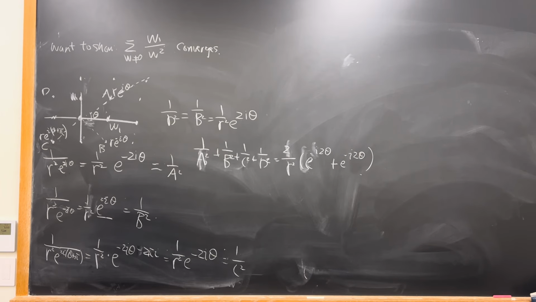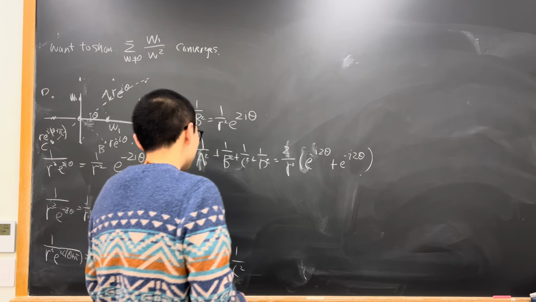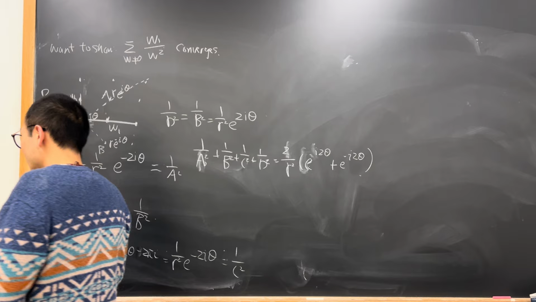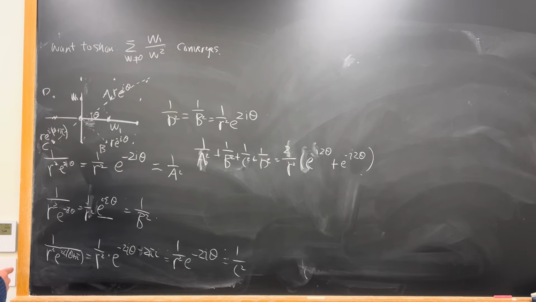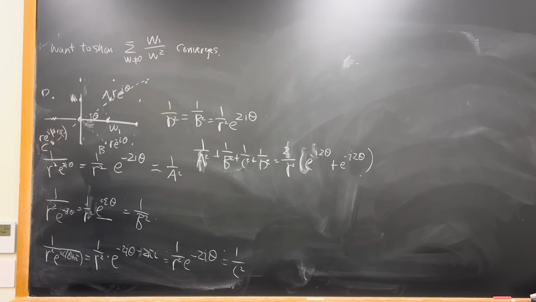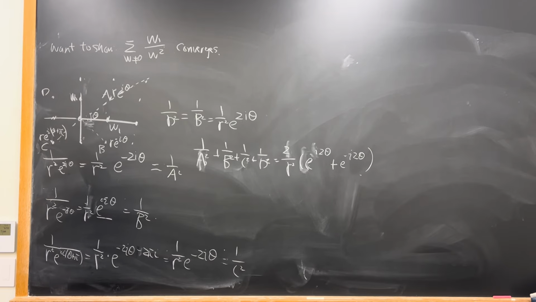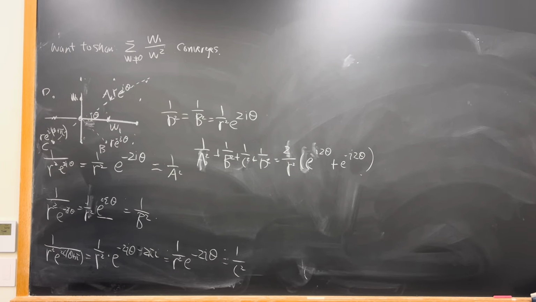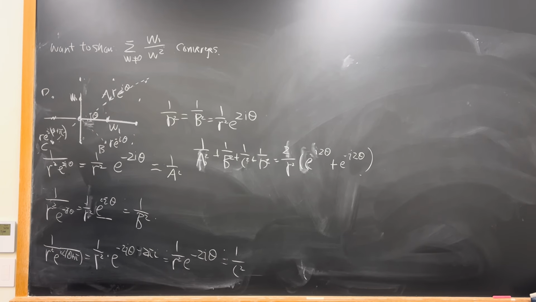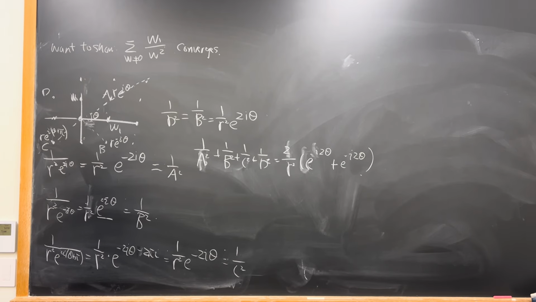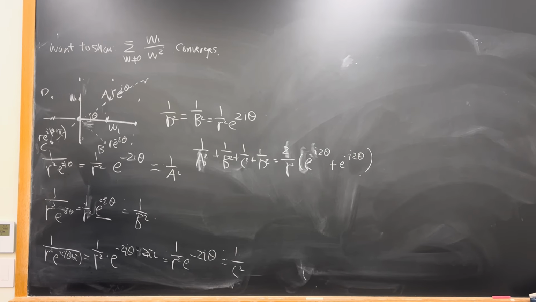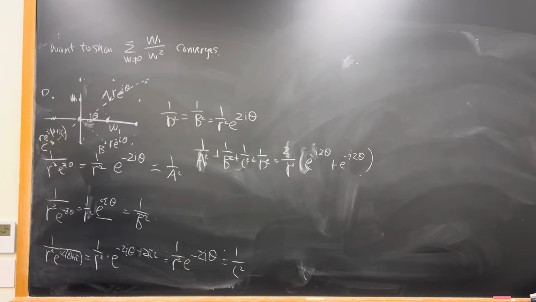So can we find an estimate for this guy? We know that e to the 2i theta lies on the unit circle, right? And then e to the negative 2i theta.